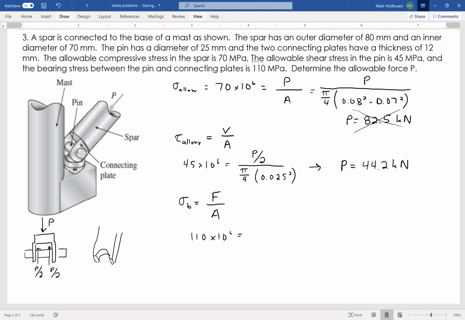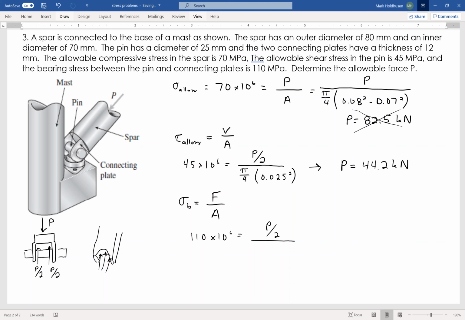Okay, that bearing force again is going to be P over 2, because again, there's two plates, just like what we had with the shear force. Okay, but now my area is kind of the projected area, which is to say, again, that bearing stress is pushing kind of all along that surface. So it's just the rectangle that's made by that plate on the pin.